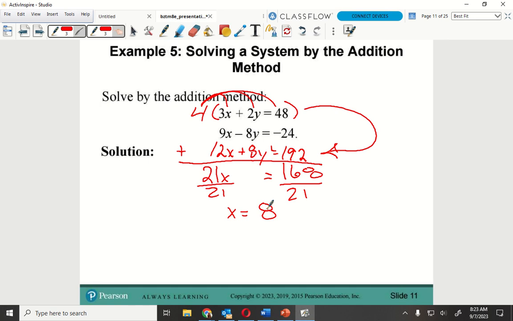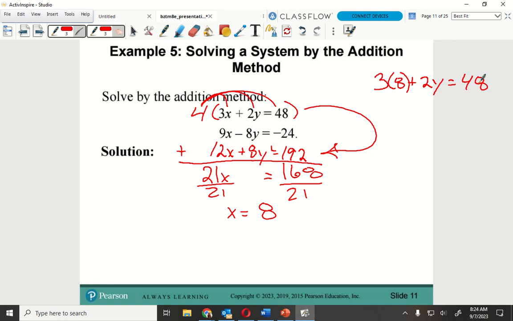So I'm going to plug it into the top one because that one looks easier. 3 times 8 plus 2y equals 40. Wait, both of them are going to do. For y, I'm going to get the same answer. Yeah, because I did that. You did the other one?